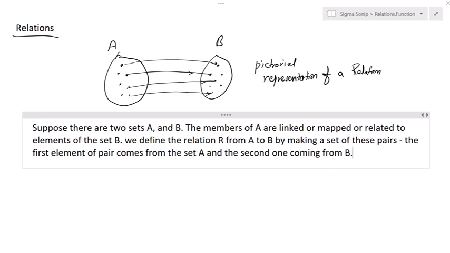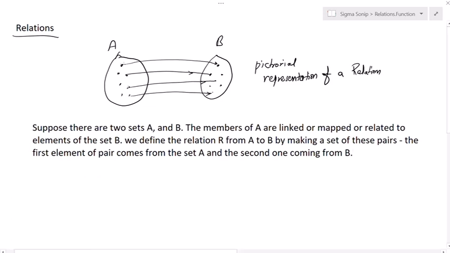So what we are seeing here is that these are nothing but pairs. We got one pair in which this is one element, that's another element. Then we got the second pair, this is the first element of the pair, and that's the second element of the pair. Then we got the third pair, and like this. And a set of all these pairs is basically our relation.